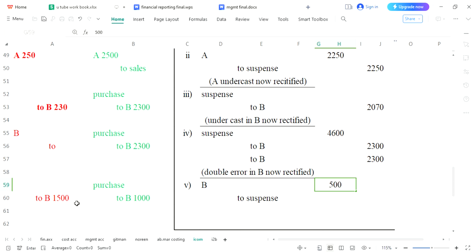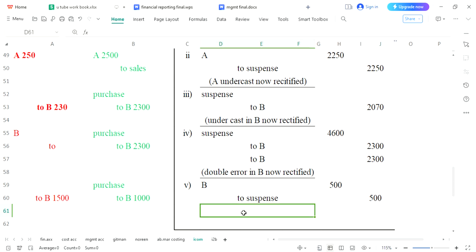That would be reversed. So what you have learned in undercast or overcast, you will always write the difference of amount. And here you will write the narration: overcast in B now rectified. Alright guys, so in this way our question has been completed.